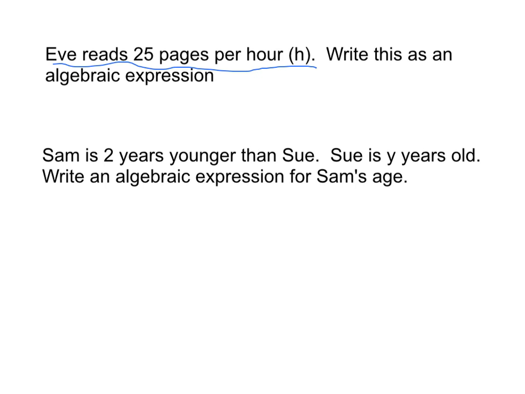To write how many pages she would read total, I would write 25 times h. Remember, we're not going to use the x. We're going to use either the dot or the parenthesis, or you can even write just the letter right next to the number. So 25h means 25 times h.